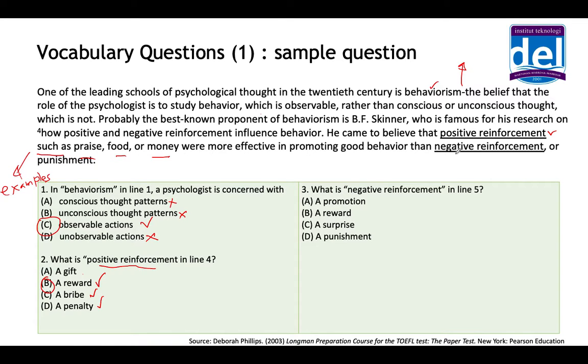After negative reinforcement there is the word or, and this is a structural clue that is a restatement. After or we've got the word punishment. So the answer is clearly stated in the text, and the answer is a punishment, D.